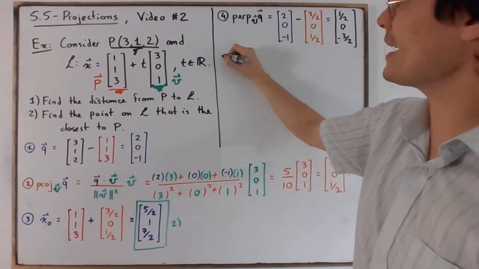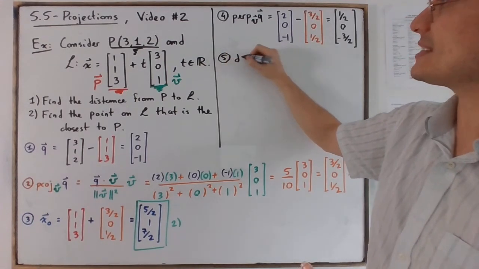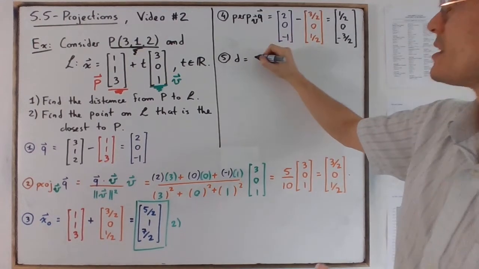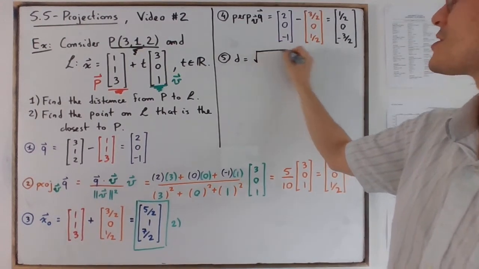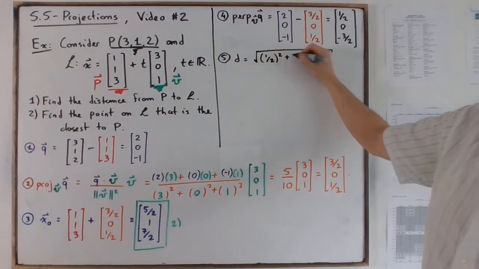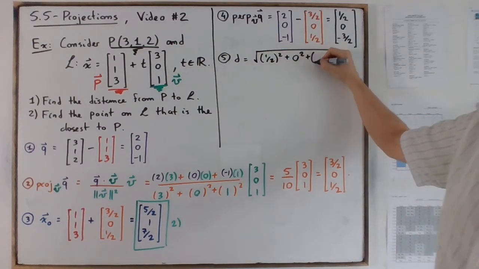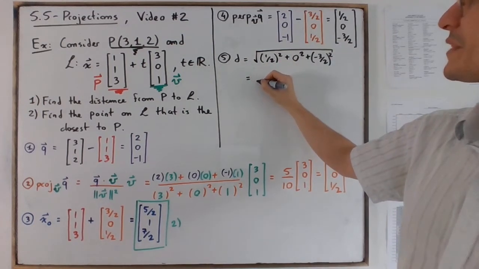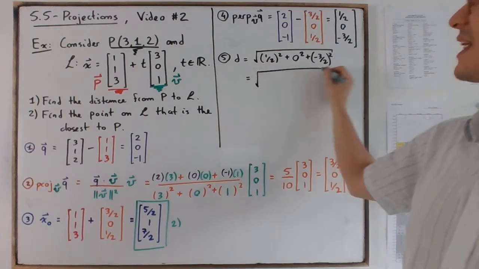Which means that finally, number 5, the distance, which is simply the norm of that vector. So it's going to be the square root of (1/2) squared plus 0 squared plus (-3/2) squared. So now the rest is just the calculation.